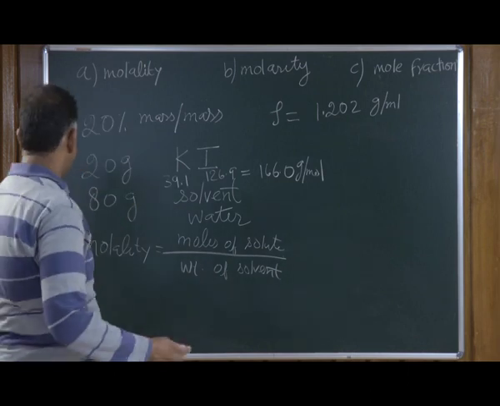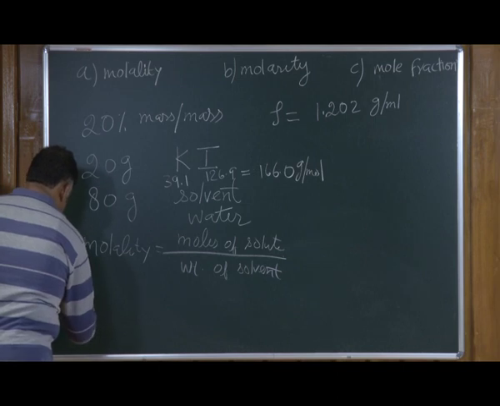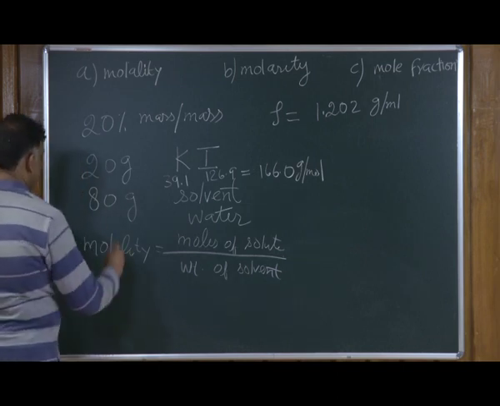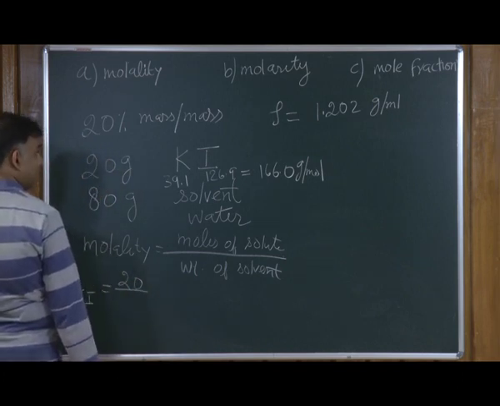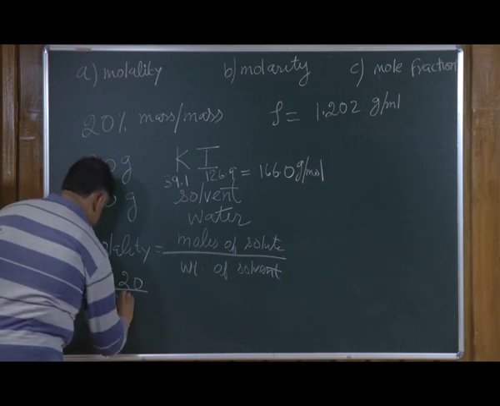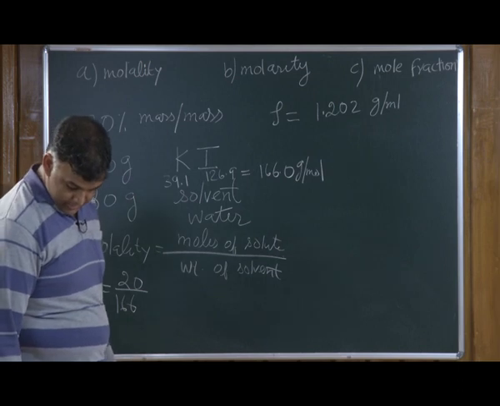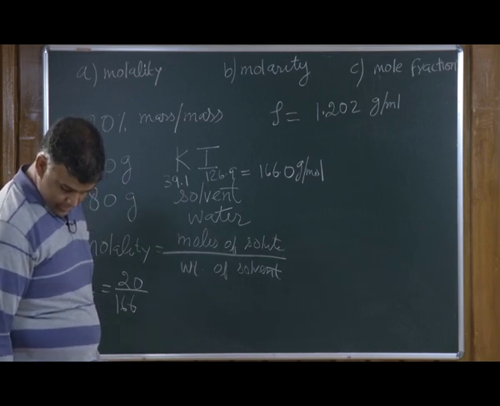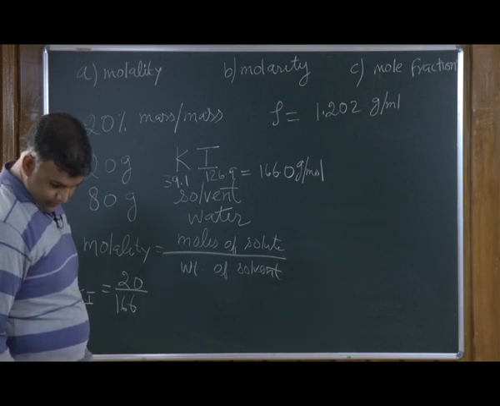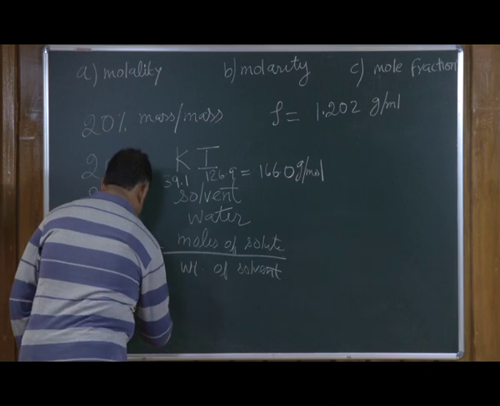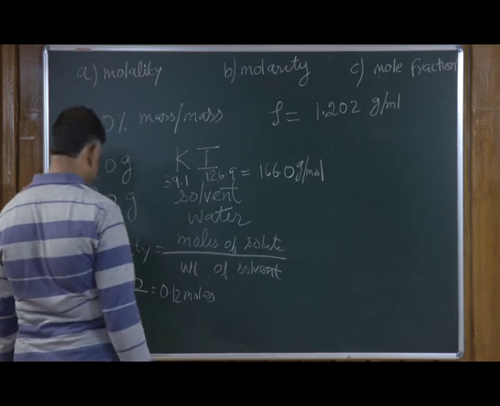So, moles of KI in the solution is 20 gram divided by molecular weight of KI, that is 166.0 gram per mole. So, the answer would be 20 divided by 166, that is 0.12 moles. So, the molality is now straightforward.